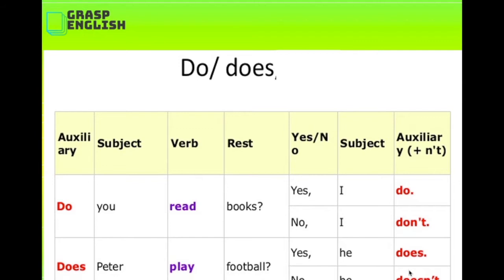Here, does Peter, with singular. Peter is a noun and it is a singular name. So with Peter we are using does. Does Peter play football? Yes, he does. With he we are using does. No, he doesn't. It means with he again we are using doesn't, to make it a negative sentence.